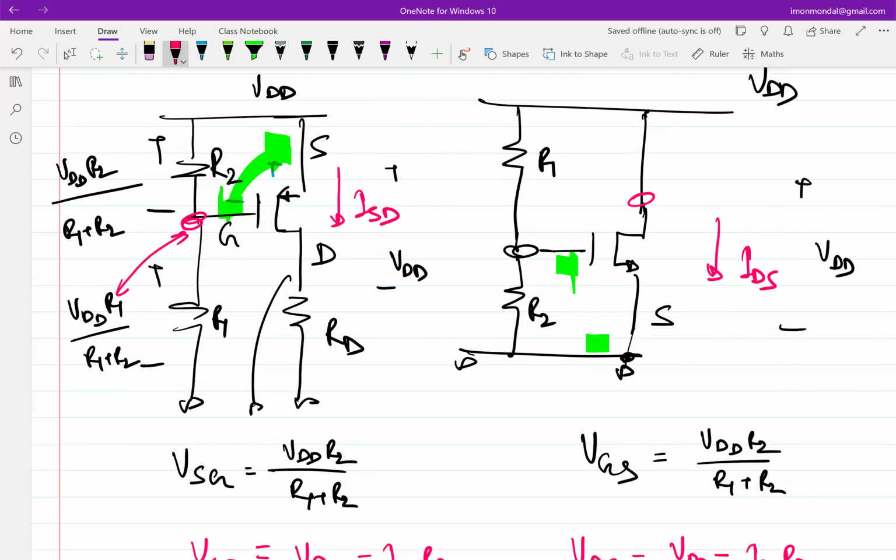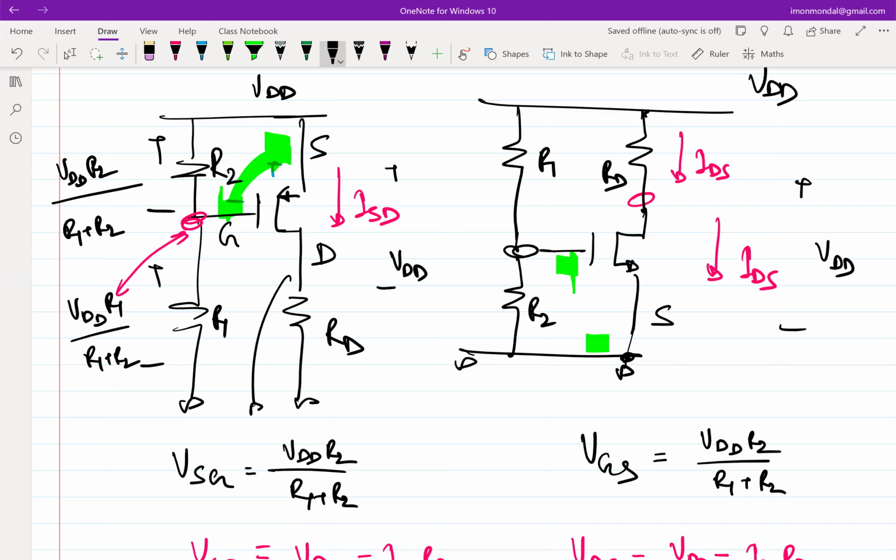So a current of IDS is flowing from VDD anyway, so you just put an RD in between to get that drop. Right? So you eventually made it identical. These two are basically siblings, just the current directions are flipped.